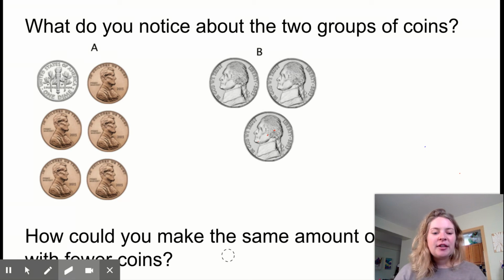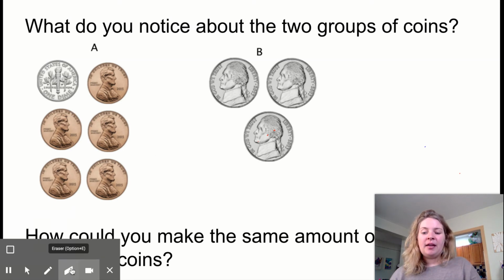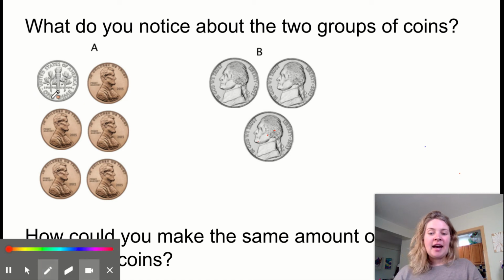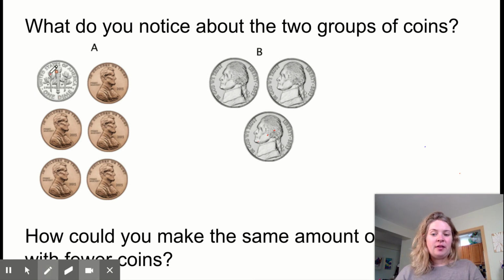We're going to take a look at 2 groups of coins. Let's see how many are in each group. Let's start with group A. I see a dime. A dime is worth 10. And then I see 1, 2, 3, 4, 5 pennies.